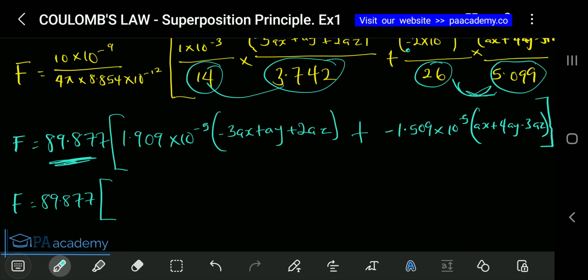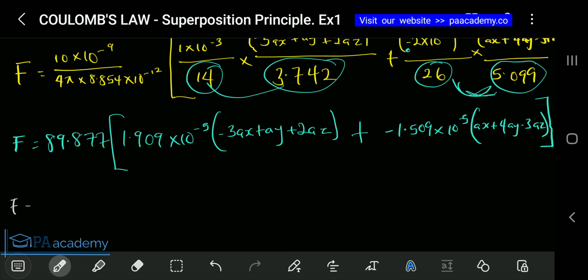All right. So the next thing I want to do is I'm going to use this 1.909 times 10 to the power minus 5 to multiply each and every value inside this bracket. Okay, so let me just use a different color so that you can differentiate the lines or the steps.